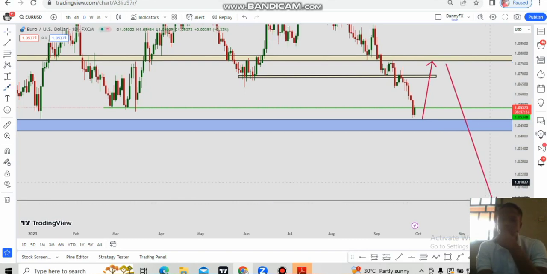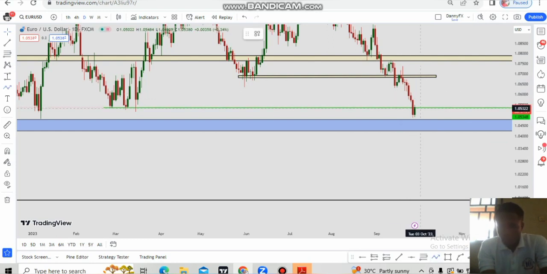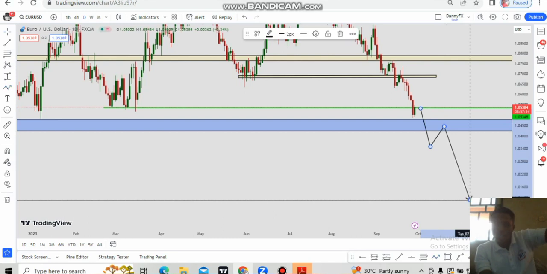So this is what I'm expecting from Euro USD. Or I'm expecting the market to break out from here, give us a good retest and go to the downside.